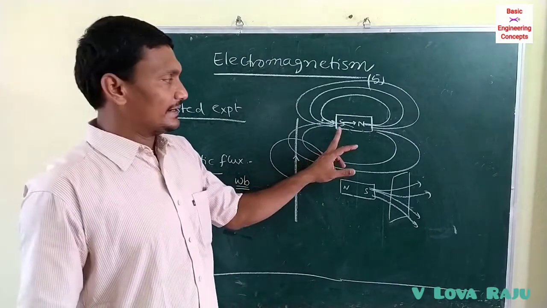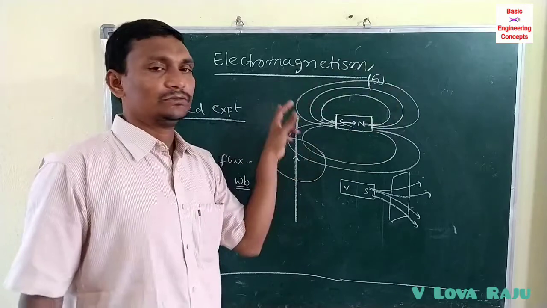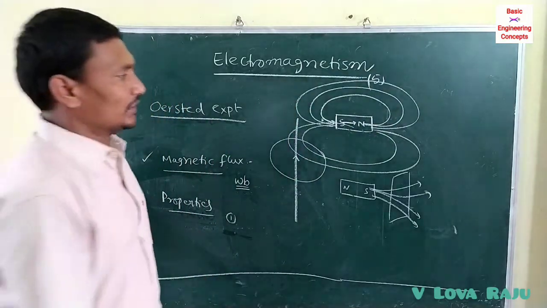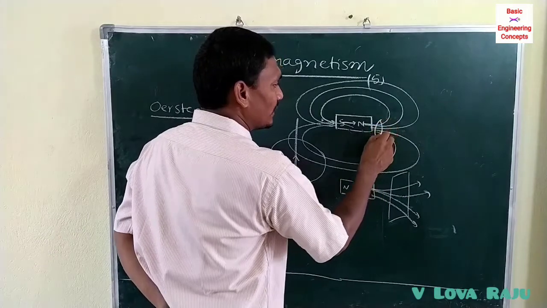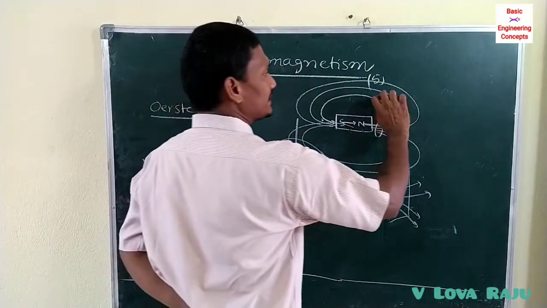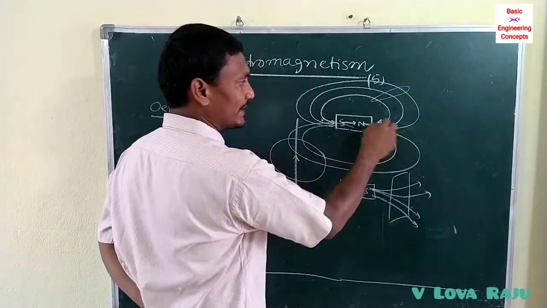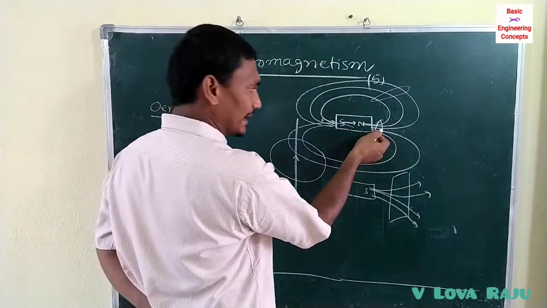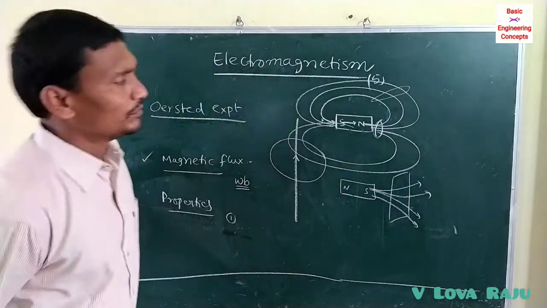The magnetic field lines are directed from south to north inside the magnet and north to south outside the magnet. The magnetic flux density is more near the poles and decreases far away from the poles. In a given surface area, the number of magnetic field lines is more near the poles and decreases far away from the poles.